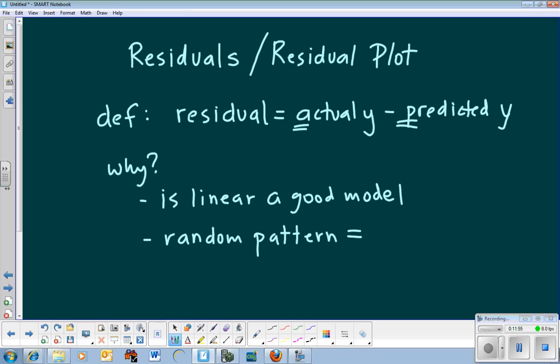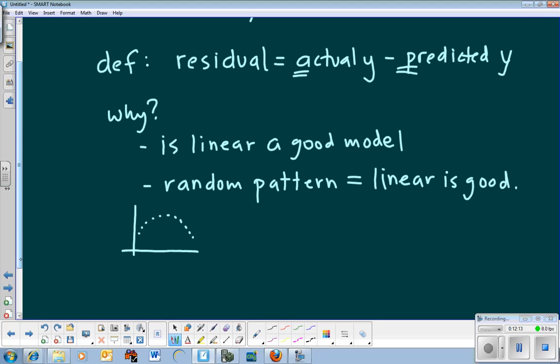A random pattern means linear is good. If you see other things going on in your residual plot, then that means linear is not good, and we need a different kind of model, and linear regression is not the one we're going to want to use.